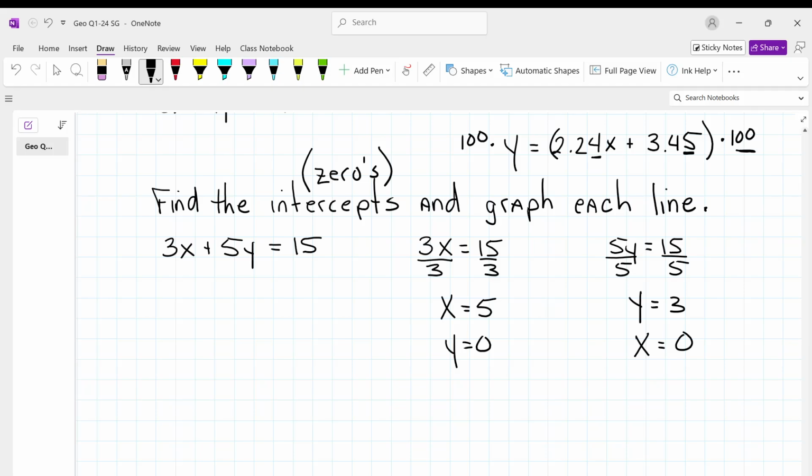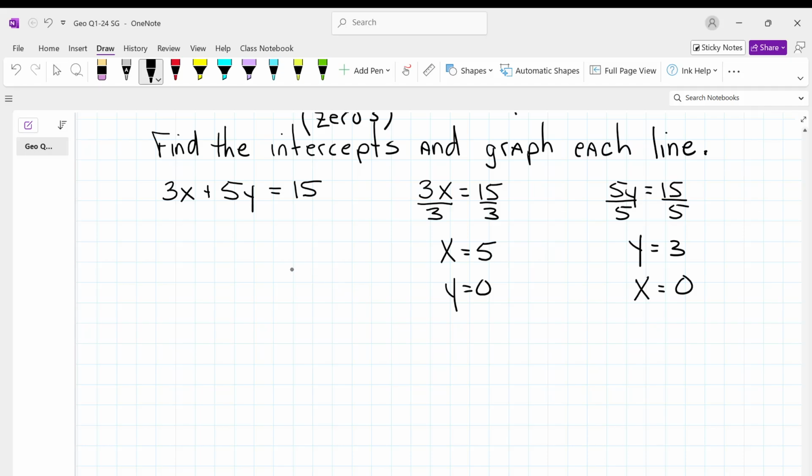So the second part of this question was to graph. So just sketch a coordinate plane. We've got an x that's equal to 5, so we go to 5 on the x-axis and we plot a point. We have a y that's equal to 3, so we go to 3 on the y-axis and we plot a point.